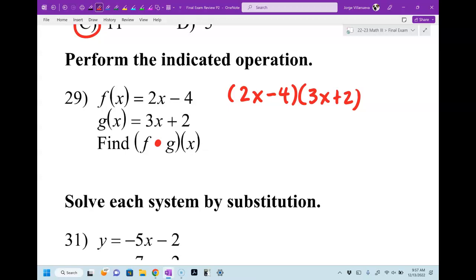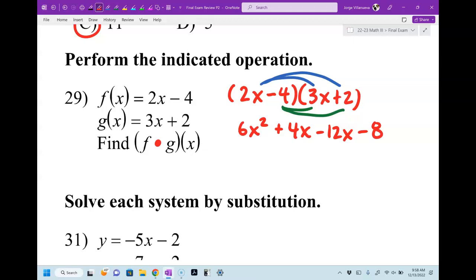I'm just going to distribute. 2x times 3x, that's 6x squared. 2x times 2, that's positive 4x. -4 times 3x is -12x. And -4 times 2 is -8.